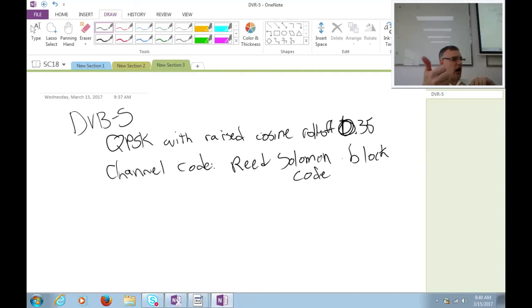You get a 1 if you have an odd number of ones. You get a 0 if you have an even number of ones. And so if you make one bit error in that block of data that you sent, it's very easy to detect. You look at your detected data and you do that operation. You say, wait a second, there's a mismatch. I need to throw away this data. I don't know what's bad about it, but I know that an error has occurred.